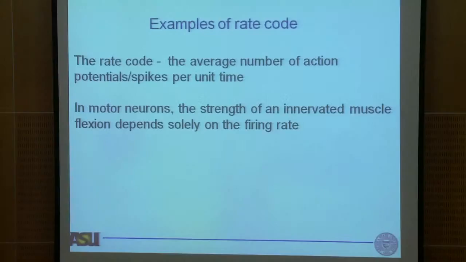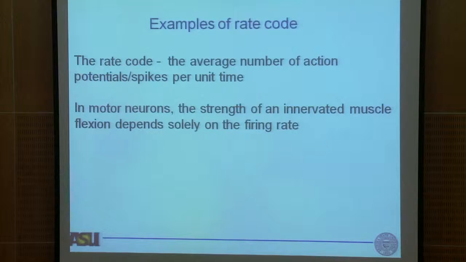So now I'm trying to get into more specifics about the code. First of all, it's the rate code. As I said just now, the rate code is basically a count of the average number of spikes or action potentials per unit time. This rate code alone is insufficient to account for many sophisticated spike trains, especially from a population of neurons.